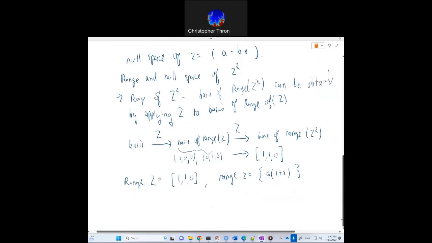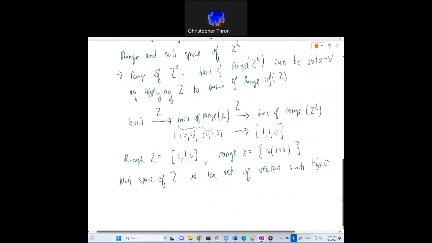Now, what about the null space? We can do a similar kind of collapsing. So the null space of z squared is the set of vectors v such that z applied to zv is equal to 0.